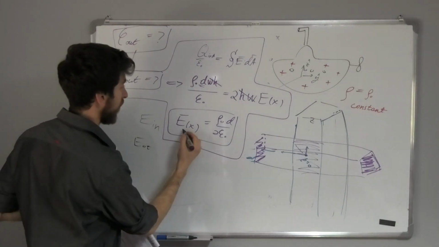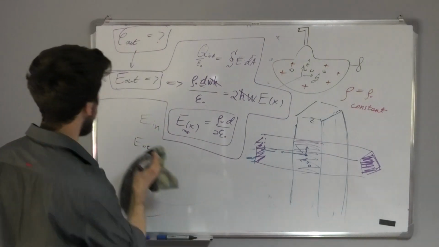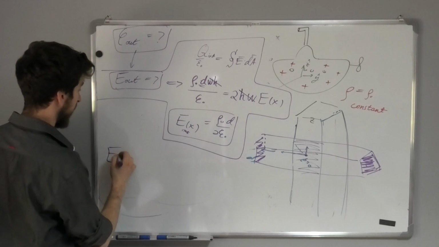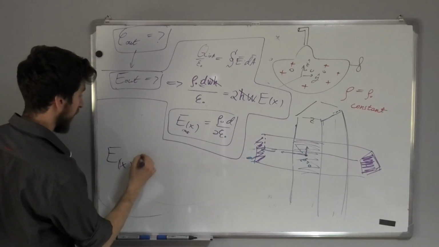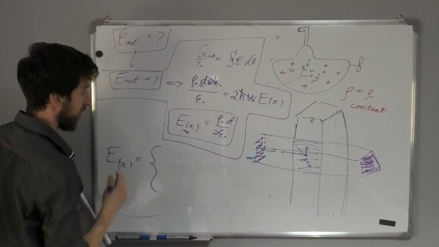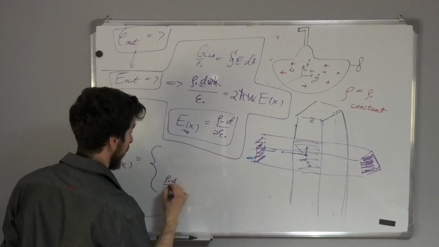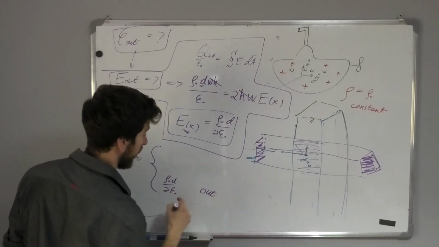Let's do here out. Just a small reminder, we had E in, we have E, a general term in x, which splits into two different areas. I have out, what's happening outside, rho 0 D over 2 epsilon 0, and this is out of the wall, right?